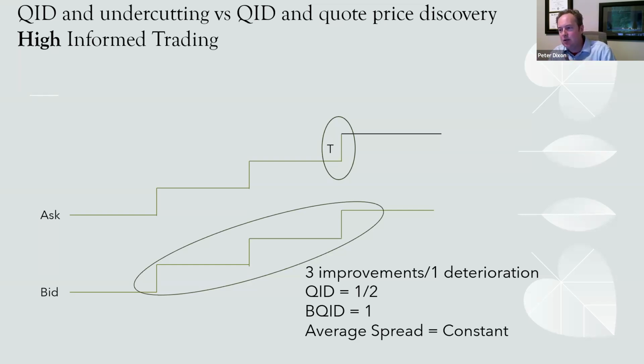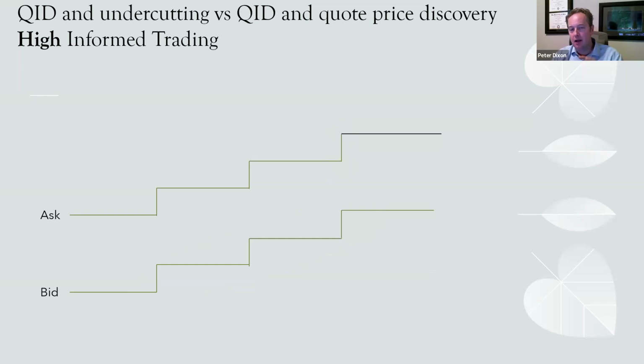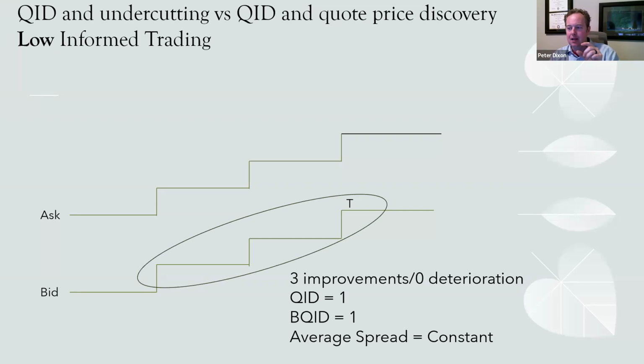This is something that a number of people, including our referees, have asked us to really look into, so we think there's a couple of ways to differentiate between whether our measure is capturing undercutting or quote price improvement. The first one is, if quote price improvement is the mechanism here, then quid will work just the way it does.